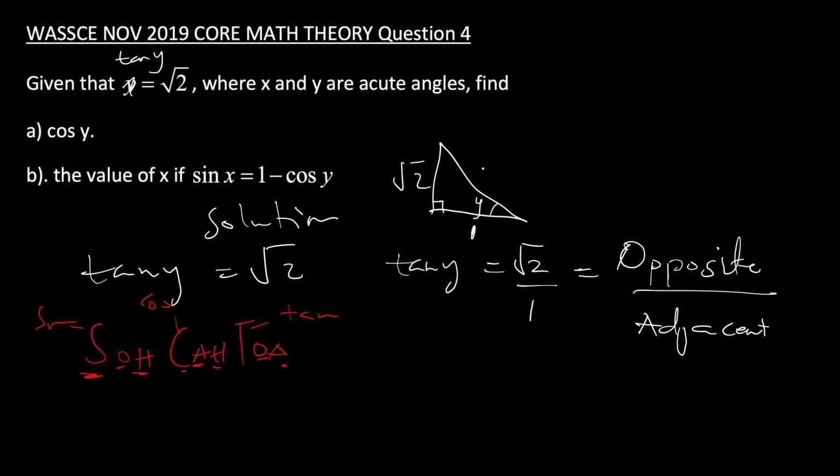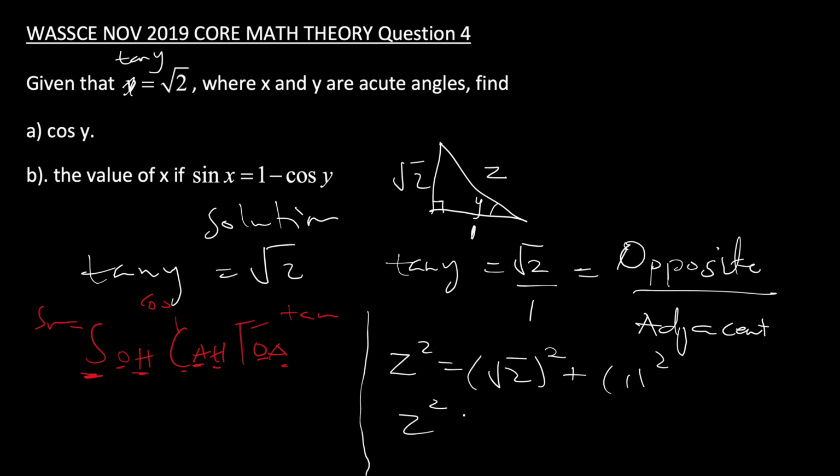We don't know this side, which is the hypotenuse. So let's represent the hypotenuse with z. Now from Pythagoras' theorem, we can say that z squared is equal to the square root of 2 squared plus 1 squared.